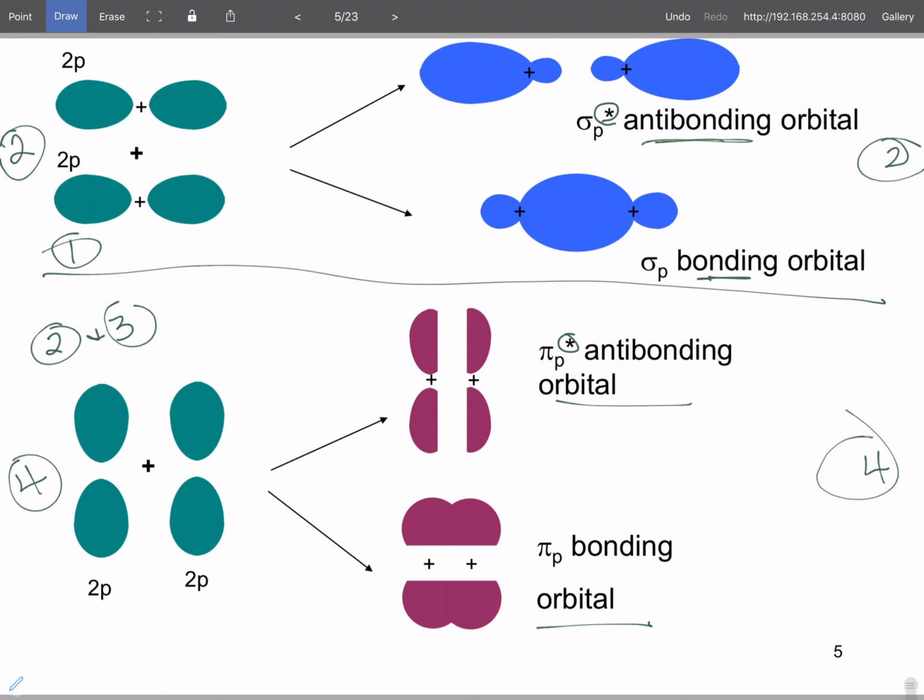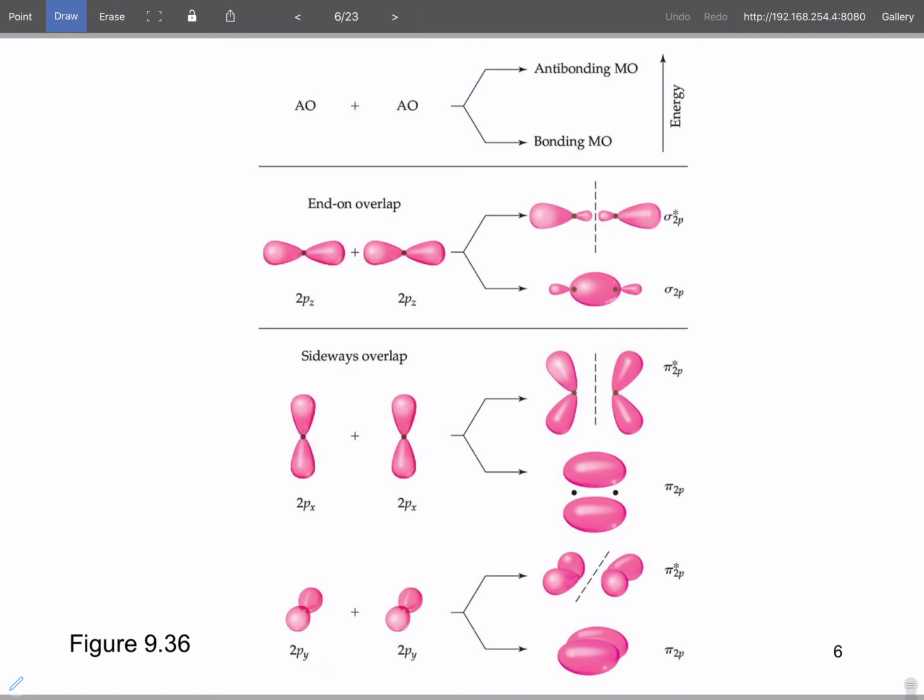So basically, this is actually not that bad. The book combined them. Here's your end on, here's your sideways overlap. And notice that you have 2 here, 4 here, 4 here. So you have to make them balance out.